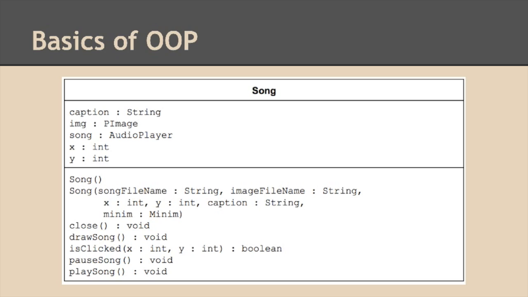And the second is the initializing constructor, and so it takes the name of the file that holds the MP3 audio, the name of the file that holds its image, the X and the Y location where we're going to display the image, the caption that will go with it, and then the Minim object that we're using to load audio files. And so when we create a song using this initializing constructor, we're able to pass in all the information that will make the object hold a specific song.